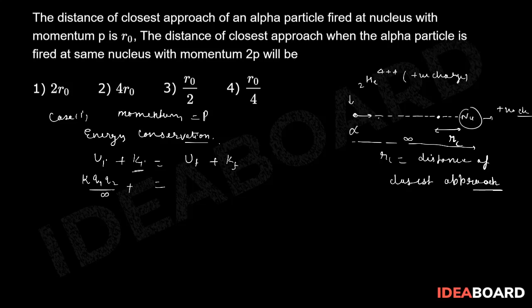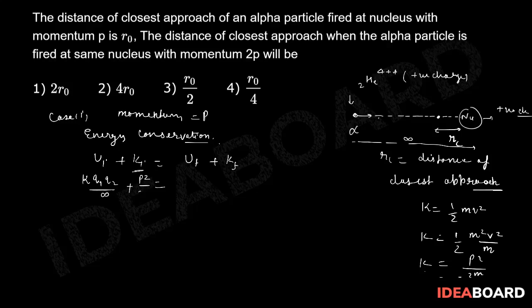For K initial, we don't know the kinetic energy, but K is equal to half mv square. You can also convert this: p square by 2m, because mv will become p. So K is going to be p square by 2m.